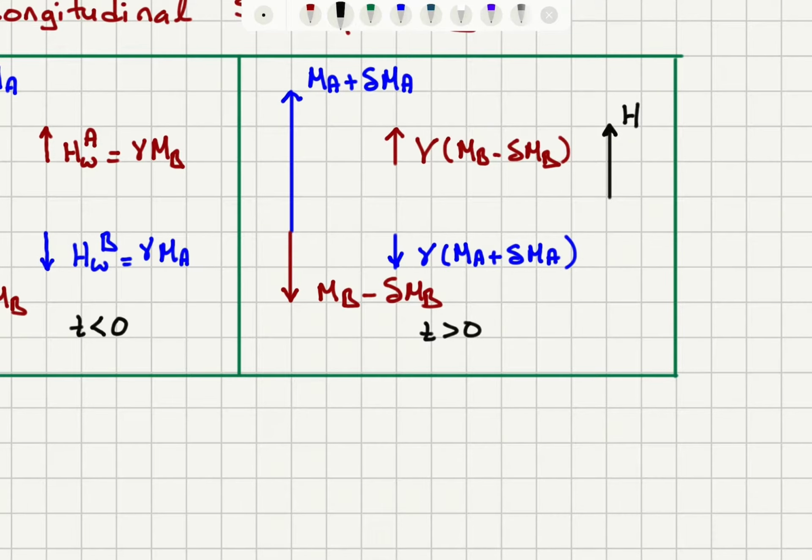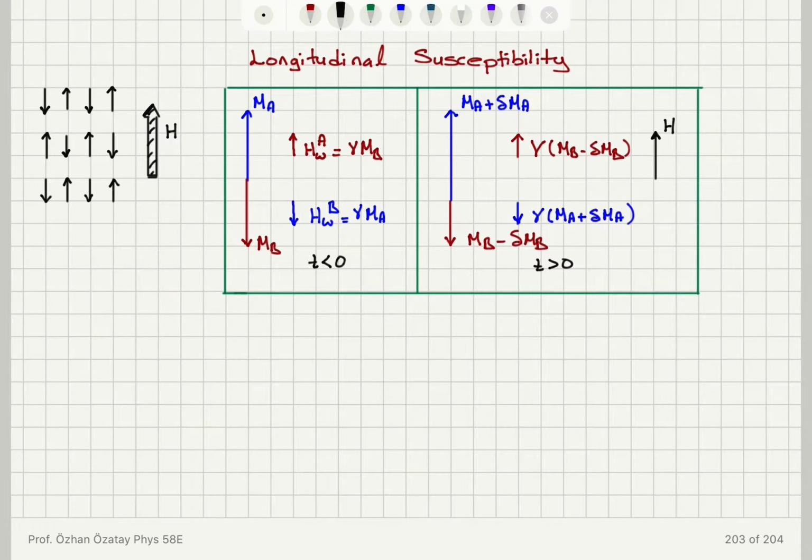Okay, so basically the effect of applying the magnetic field in the direction of MA is to increase it to a value MA plus delta MA and decrease MB to MB minus delta MB.